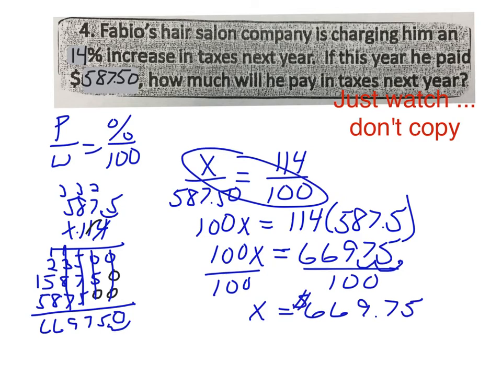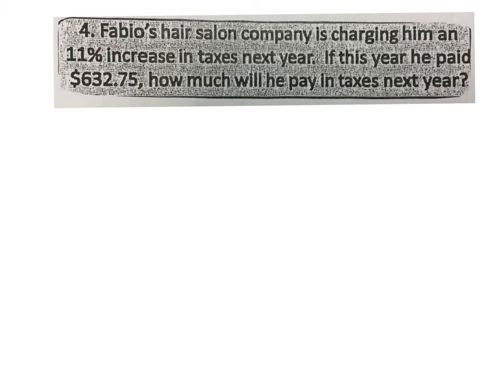And that would be dollars. You do not have to go back and add anything. You don't have to find the 14% and then add it, because I added it right here, the 100 and the 14. You could do that with any of them. Do number 4 now and check final answers with a partner.